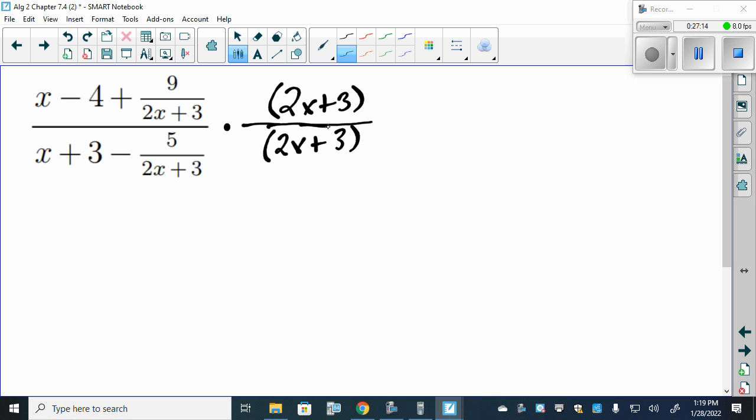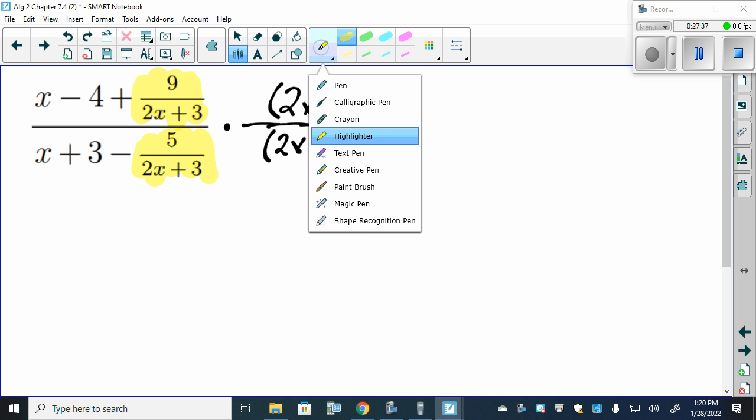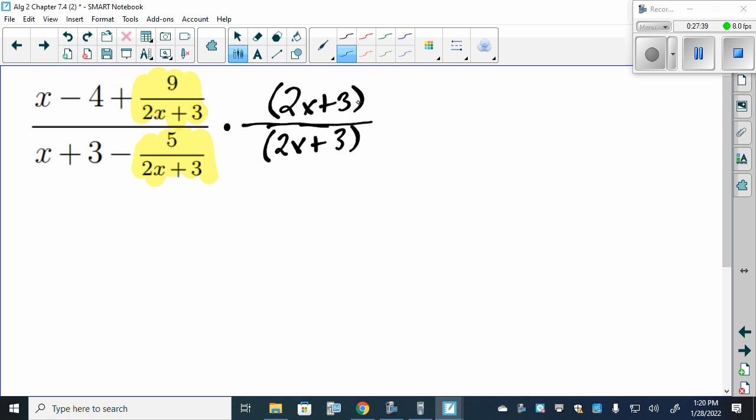Is there anything else we need to multiply top and bottom by? No, because x minus 4 and x plus 3 don't have a denominator inside the numerator and denominator. They're already whole numbers. So the only one that we're needing to simplify anything is this one here or this one here. So 2x plus 3 over 2x plus 3 is all that we need.